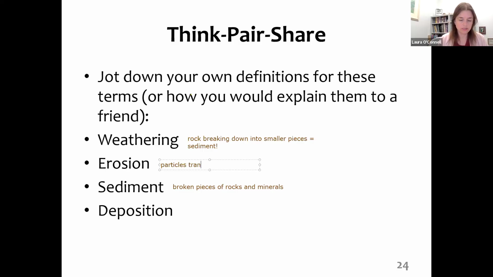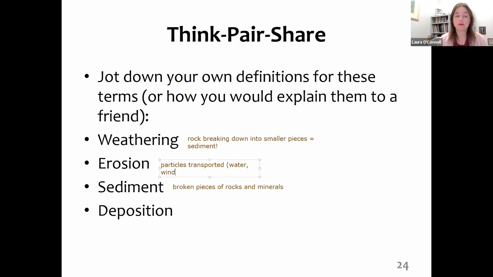Particles transported. So this could be by water, like sand being washed around on the beach, or sand and pebbles washing down a river, or it could be from ocean currents underwater. It could be from wind, like sand dunes in a desert.